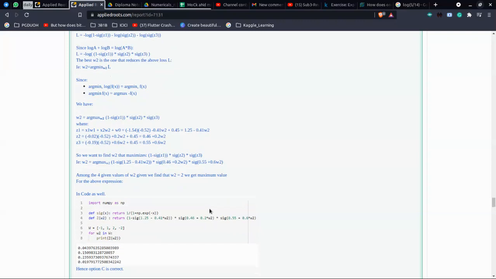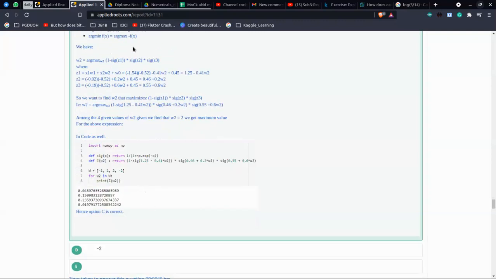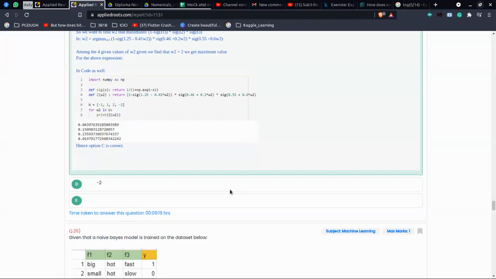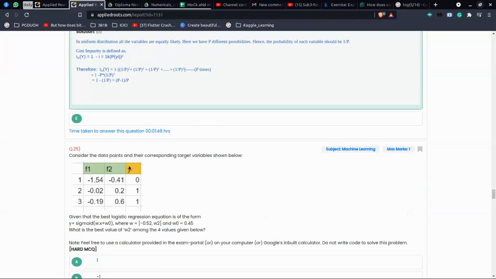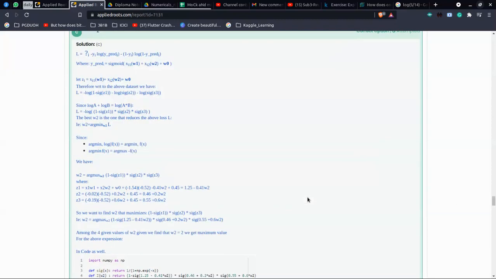I don't know what that is. And the same amount of effort we need to apply here also, actually more effort. So it is better to go with the basics: what we know, take the y prediction, calculate the log loss, and whichever gives the minimum loss, that's the best choice.